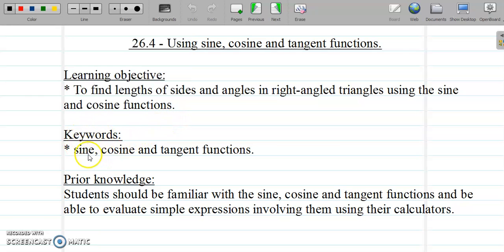The keywords are sine, cosine, and tangent. But before we embark on this, students should be familiar with the sine, cosine, and tangent functions and be able to evaluate simple expressions involving them using their calculator.